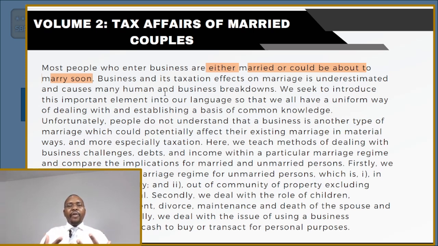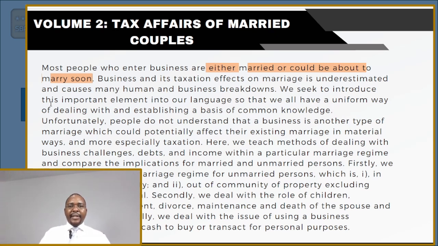And I think for me, this part is very important for someone who is about to get married and has got intentions of starting a business, and for someone who has been into business and is going to get married, and for someone who has been married, has been in business, but has not really looked at the consequences of a marriage.